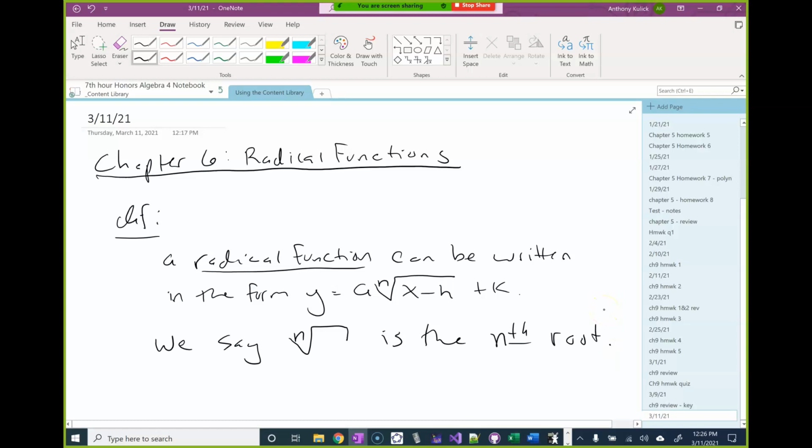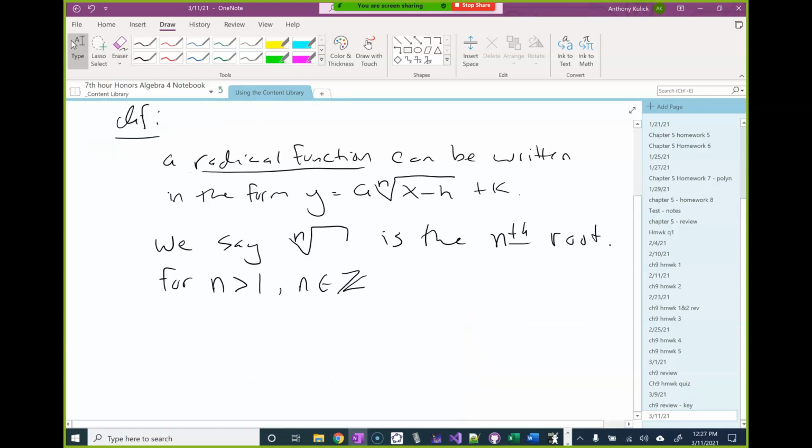And we say that that symbol there's the nth root for n greater than 1 and an integer. So n can be things like 2, 3, 4, 5, 6. It can't be like 1.7 or -3 or something like that. So far, so good?